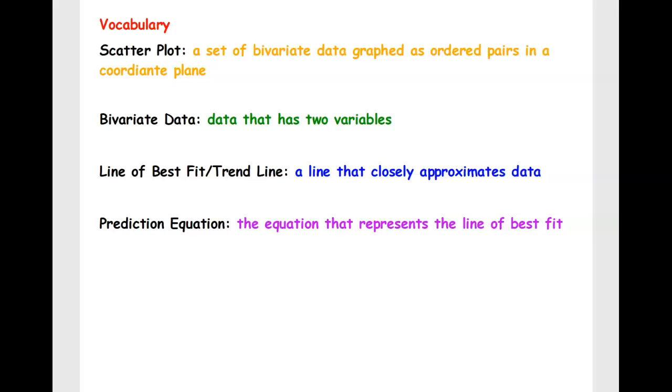And then we're going to talk about line of best fit, which is the line we draw, versus a prediction equation or a linear regression that come from the calculator. So there are two types of lines we're going to talk about, lines that we draw and lines that come from the graphing calculator.